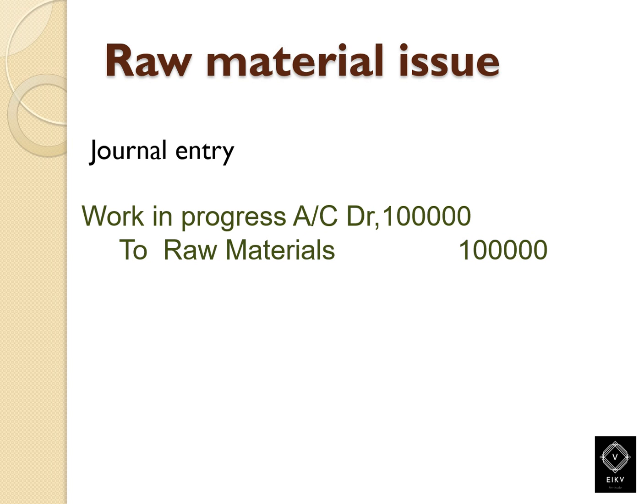The process between raw material and finished goods is called the work in progress stage. Raw material decreases, so raw material will be credited. Work in progress increases, so we will debit work in progress as an asset account.